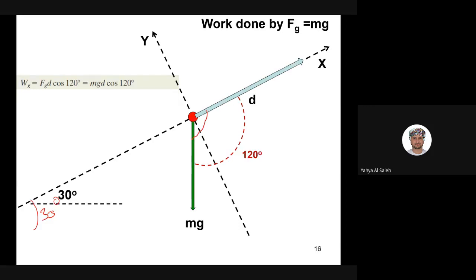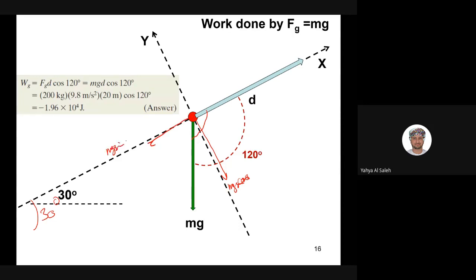So we put mg d cosine of the angle 120 degrees, which means we get a negative number. Which makes sense. In terms of forces, we have mg sine theta down the slope, so it is opposite to the direction of motion. So the work done is negative. Makes sense.